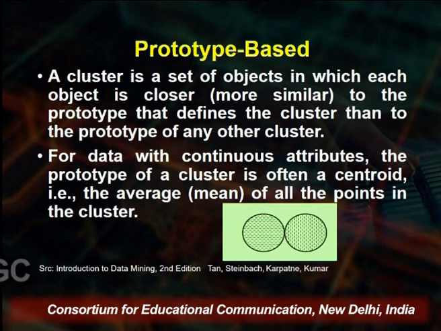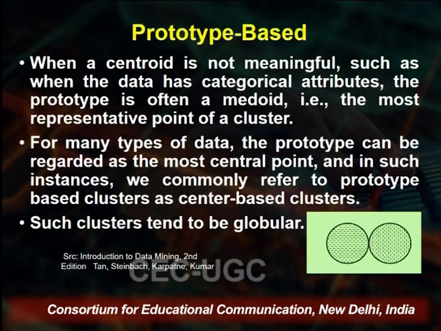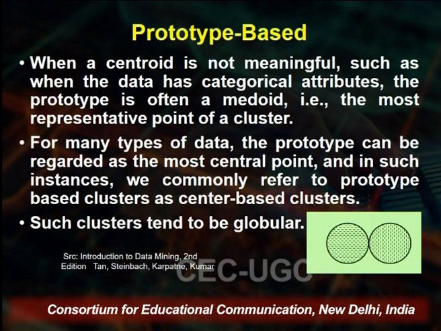So for data which has got continuous attributes, the prototype of a cluster is often the centroid. How do you find out the prototype? That is the average or mean of all points in the cluster. So that is your prototype. If your data does not have continuous attributes, in that case the centroid is not going to be meaningful.